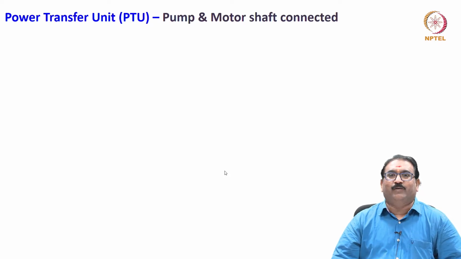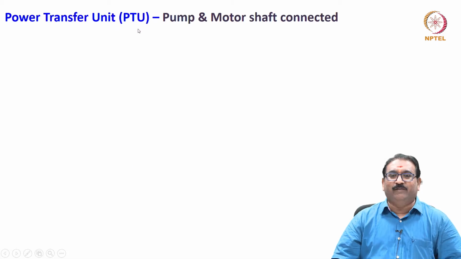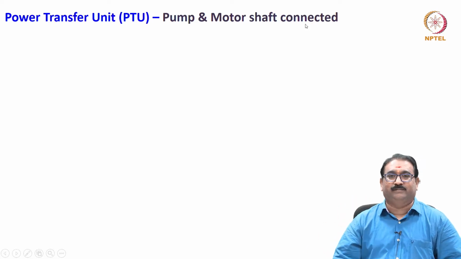Now sometimes we require one more device in the hydrostatic transmission, what is known as the power transfer unit, briefly known as PTU. Here pump and motor shafts are connected. Meaning what?